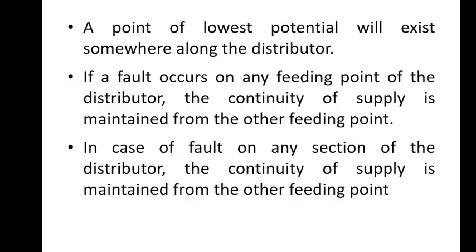Similarly, if a fault happens along any section of the distributor, the unaffected portions can continue receiving power from the opposite feeding points. This ability to maintain supply under fault conditions makes double-end feeding a preferred choice in modern power distribution systems. That's the main reason to use this kind of configuration.